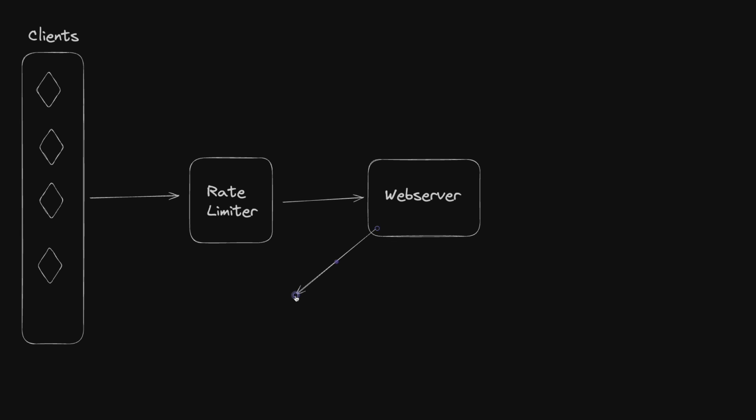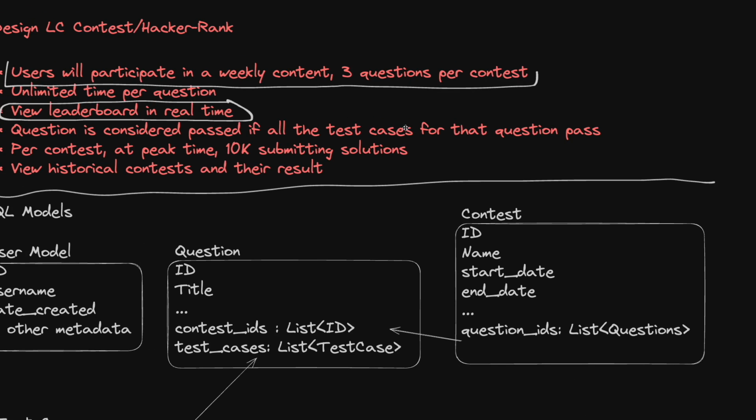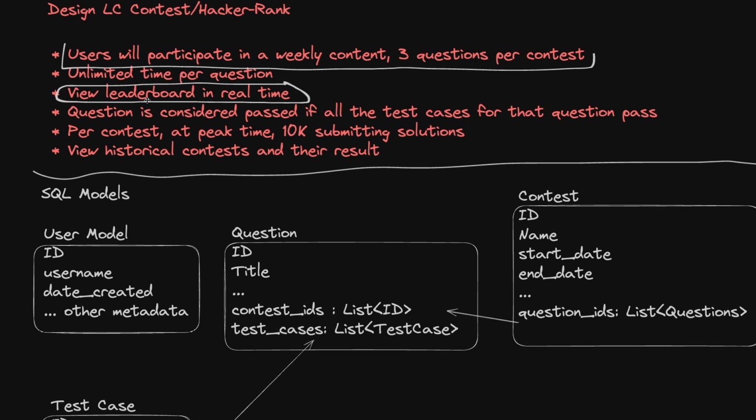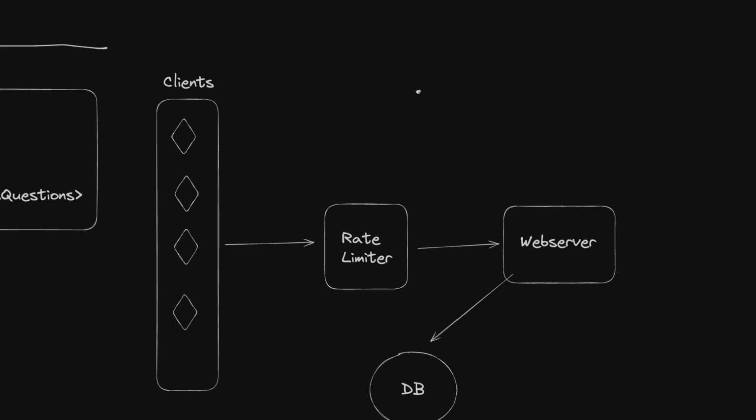So obviously we're going to need a database here to store our information. So let's just say that this is our DB, and this is where we're going to store most of our information. Now, if you think back to our requirements, we need to view a leaderboard in real time.